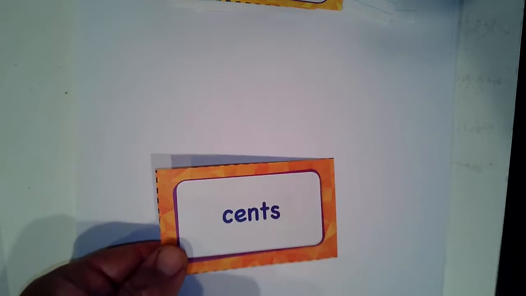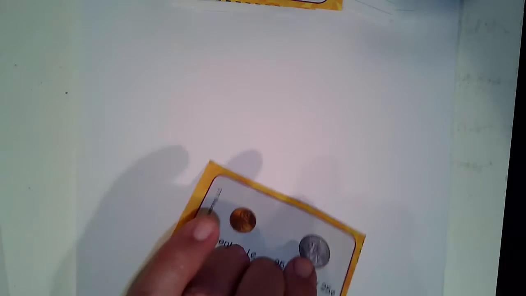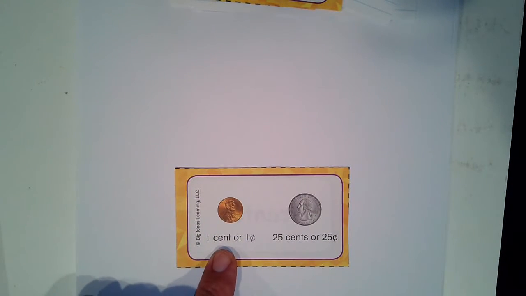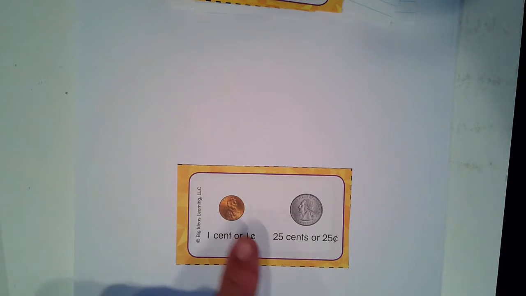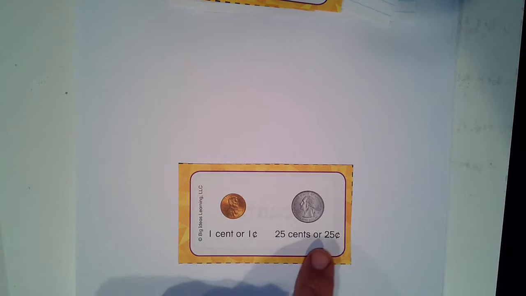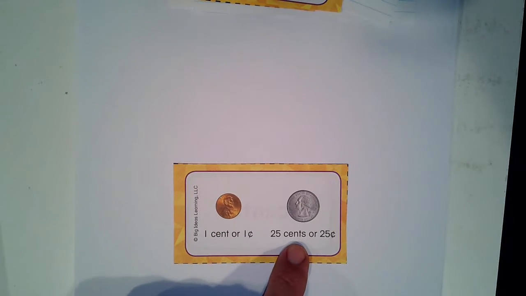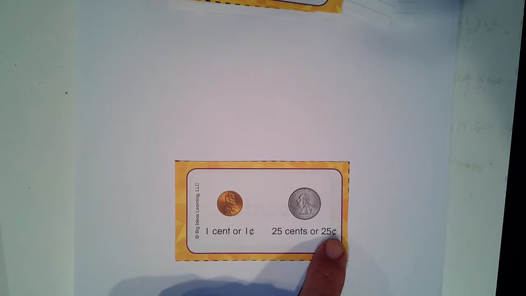And why do we need to know these dollars and cents? It's because we are learning about money. When I look at this, I say cents. That means we're talking about money. 1 cent, that's this. And this is 25 cents, if I write the word, or 25 cents.